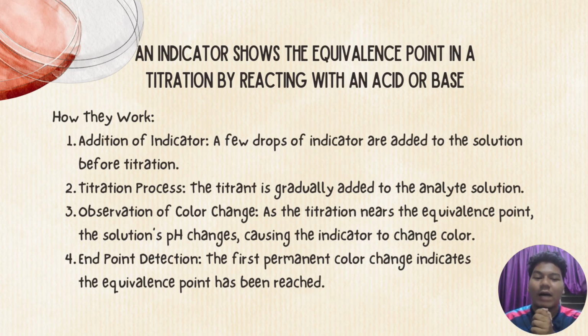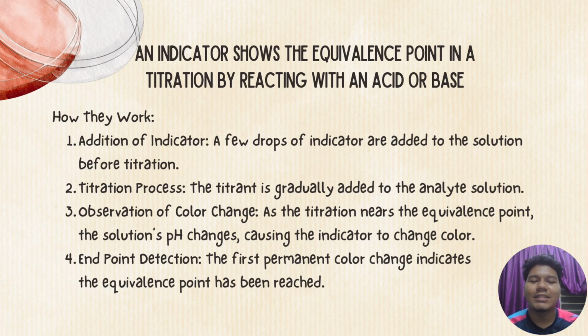So guys, after we know the function of indicators, let's see how they work. First is addition of indicator. A few drops of indicator are added to the solution before titration. Second is the titration process. The titrant is gradually added to the analyte solution. Third, observation of color change.